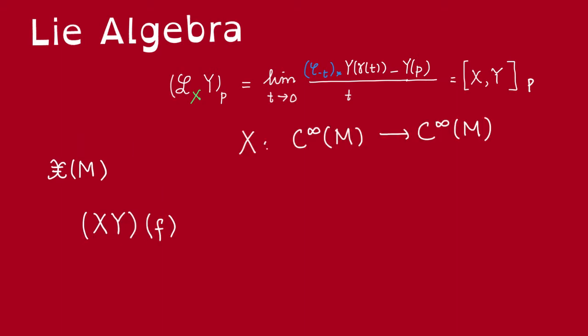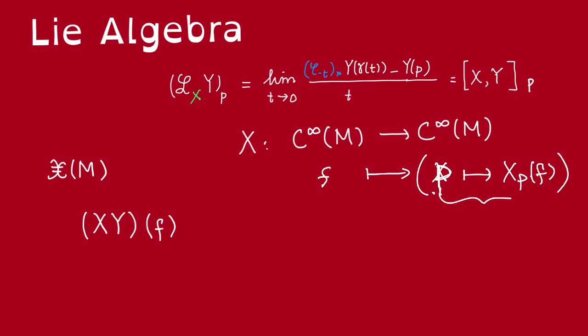Recall that every smooth vector field can also be viewed as a function on the smooth functions on M. So remember the definition was that X would send f to the function that sends every point P to X_p of f. This function, we call it Xf. It's the function that sends every point P to X_p of f.